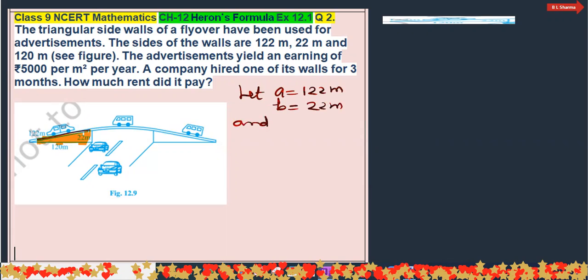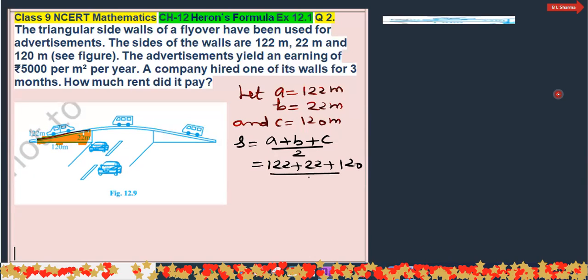And side c is 120 here. And then S, the semi-perimeter, is given by a plus b plus c divided by 2, means sum of all sides divided by 2, that is 122 plus 22 plus 120 divided by 2, that is 264 divided by 2, that is 132 meters.